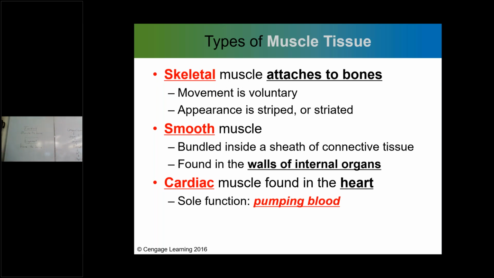Look at our skeleton in the back again. You can see some examples of cartilage present, but what's really keeping the bones anchored to each other is ligaments. That's very important to remember. Ligaments keep bone and bone together.